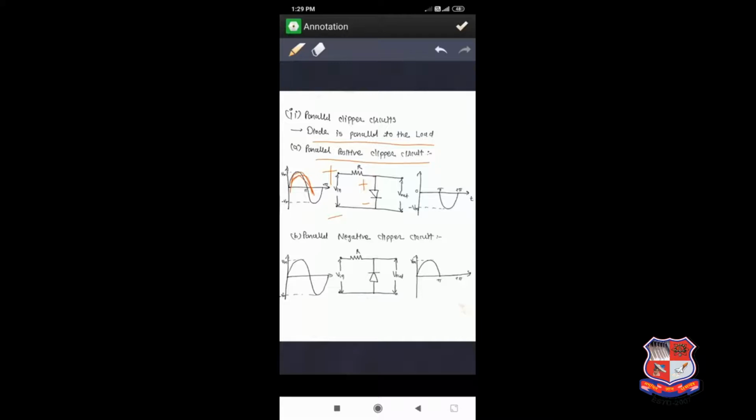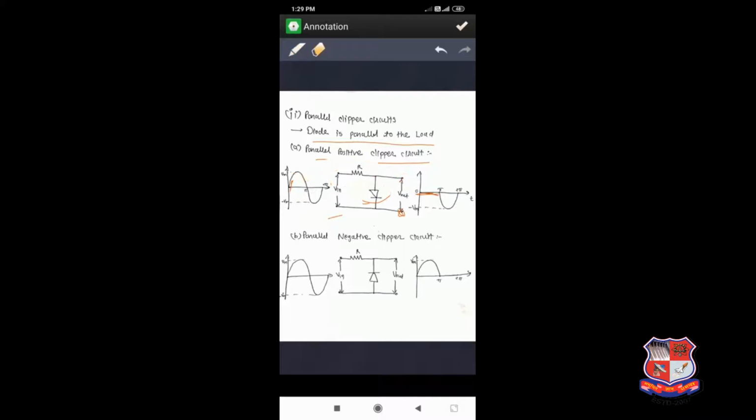The diode is in forward bias, so current flows through this diode, and the diode is in conduction mode, so we get output 0 because the diode is in conduction mode. So here, if the diode is in forward bias, then we get output 0 in a parallel circuit. Okay, so this output is 0.